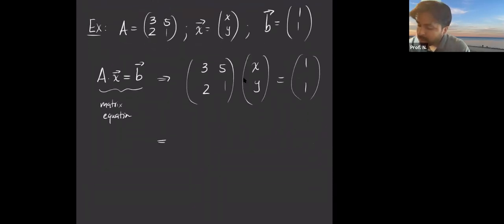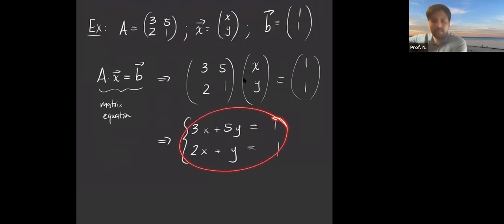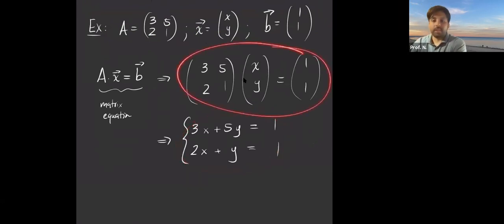Which also represents 3x plus 5y, 2x plus y equals 1, 1. Normally we start from here, right? And then we do the elimination or substitution method. But now we're representing this as a matrix equation.